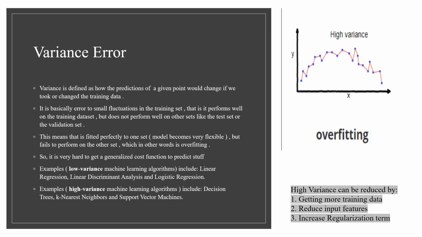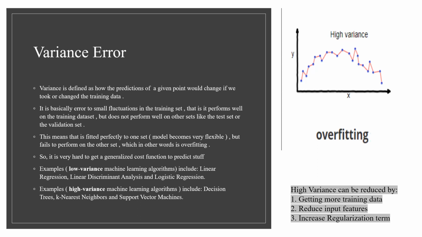It becomes very flexible, but it fails to perform on other sets, which in other words is overfitting. It's very hard to get a generalized function to predict with. Examples with low variance are linear regression, linear discriminant analysis, and logistic regression.